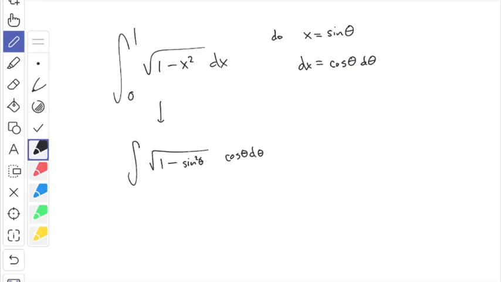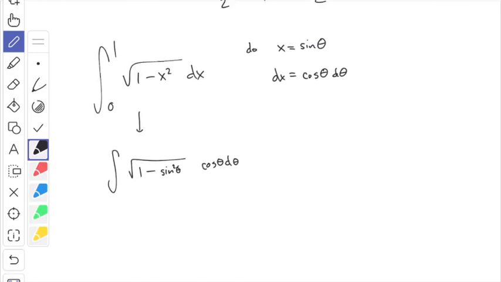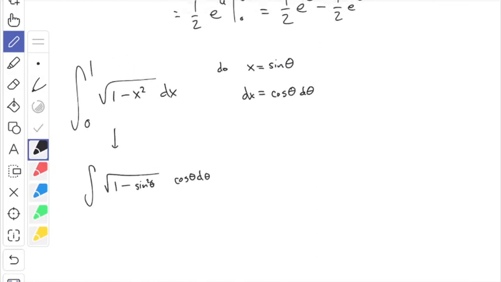One thing we need to do is change the integration values. This is a little tricky, but what should we have if I say x equals 0? What is the corresponding value for theta? Well, 0 equals sine theta, and then you just have to say what theta is going to be. If I want sine theta to be 0, what does theta have to be? Actually there are a few answers. Somebody said pi because sine of pi is 0. Somebody else said 0.